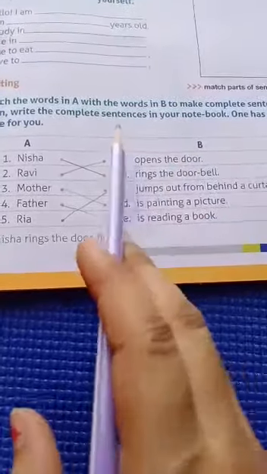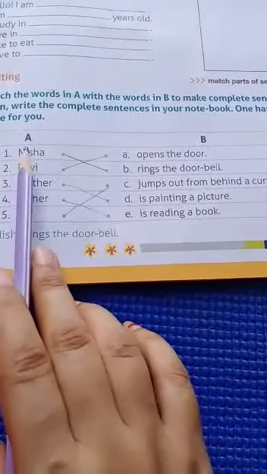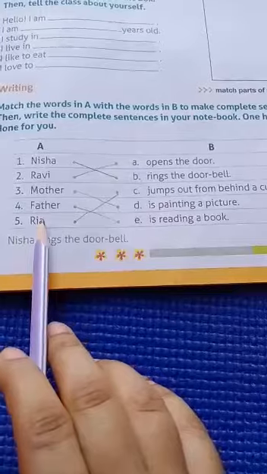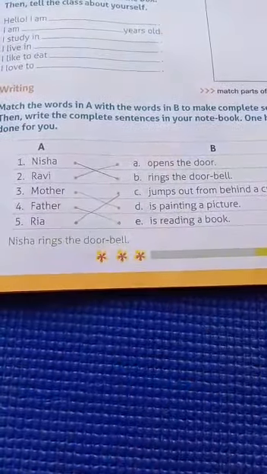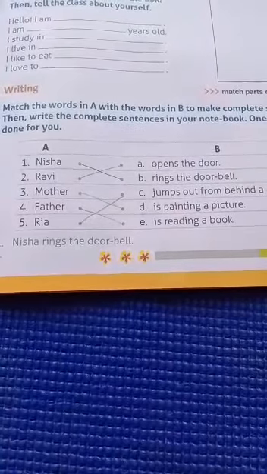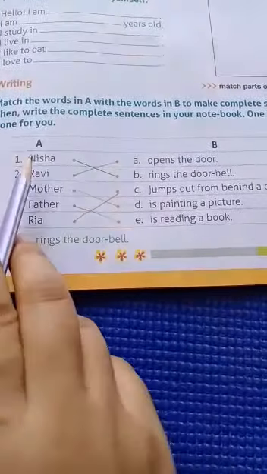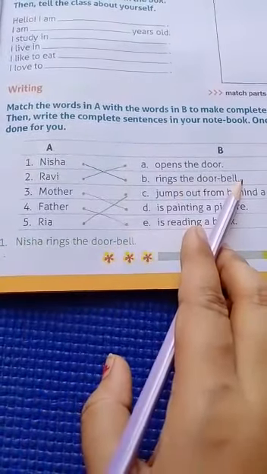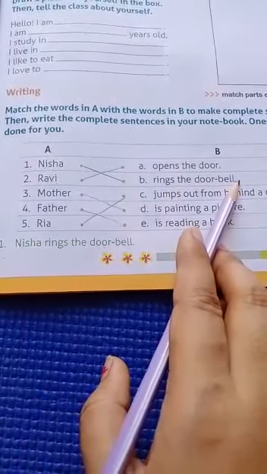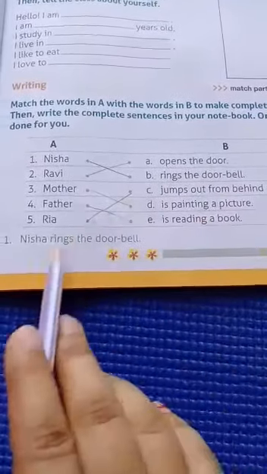We have to match the words given in column A to the sentences given in column B to make a proper, complete sentence. Like, Nisha rings the doorbell. So the sentence is completed here. So look here.